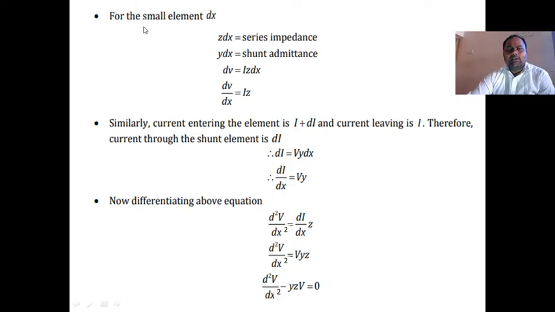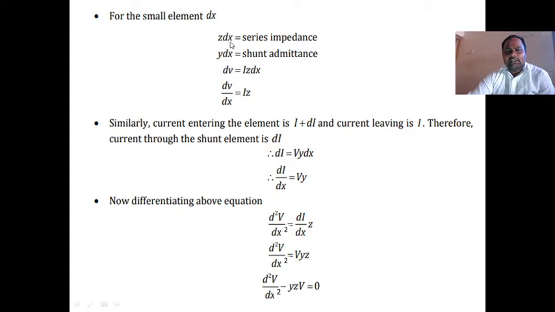So consider the small element dx. Already we discussed in circuit diagram. In that element, in that length dx, we have two parameters, that is z into dx, that is a series impedance, y into dx, that is a shunt admittance.